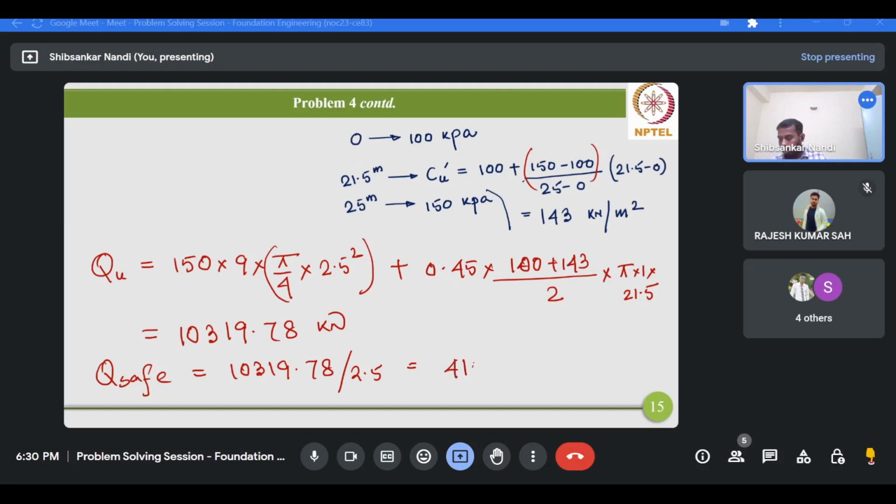So 4127.91 kilonewton. Is it okay? The safe load carrying capacity of the given under-reamed pile, we have got the value as 4127.91.